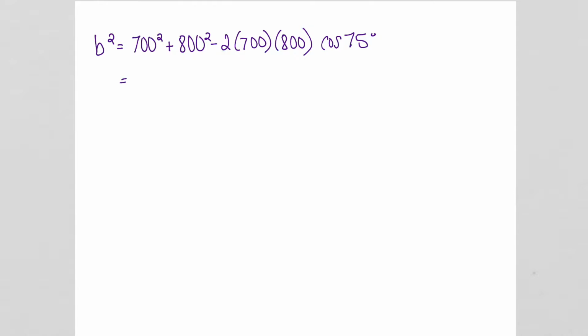700 squared plus 800 squared is 1,130,000. And then 2 times 700 times 800 is 1,120,000. And cosine of 75 degrees. So just put that in your calculator.